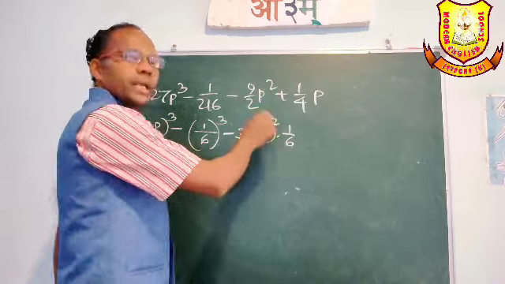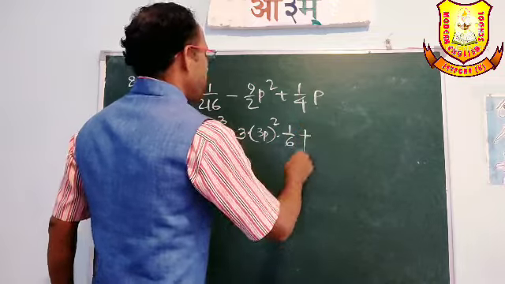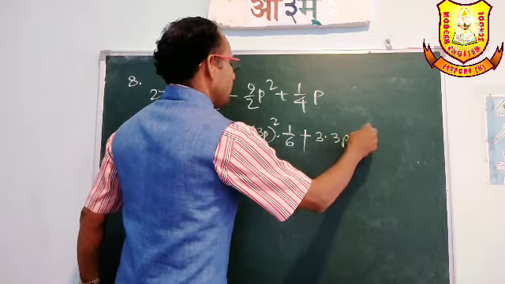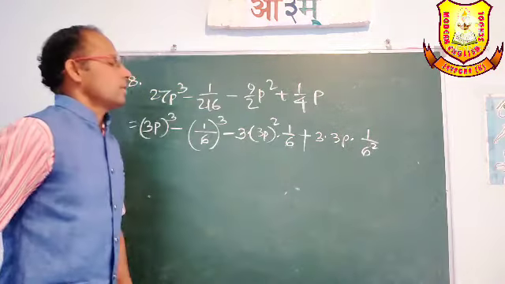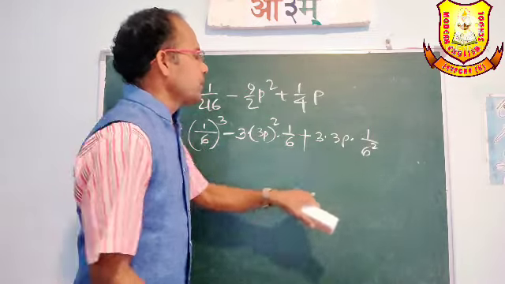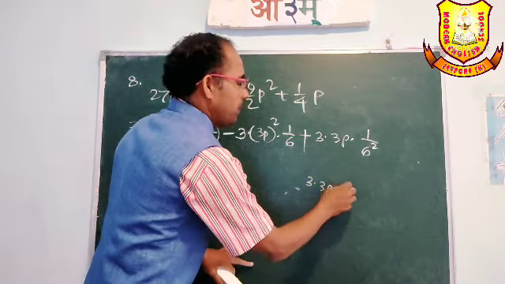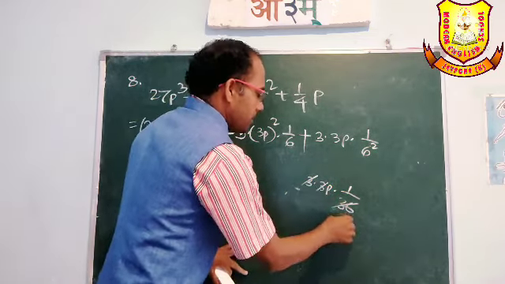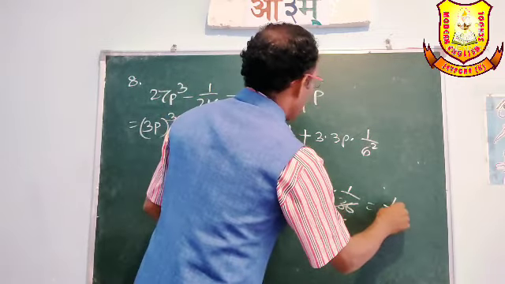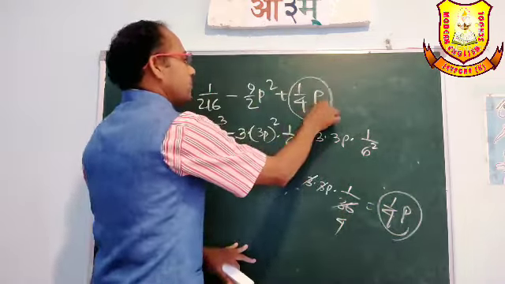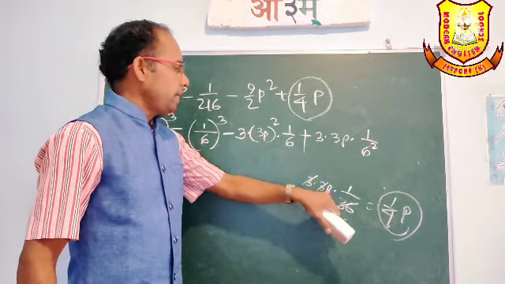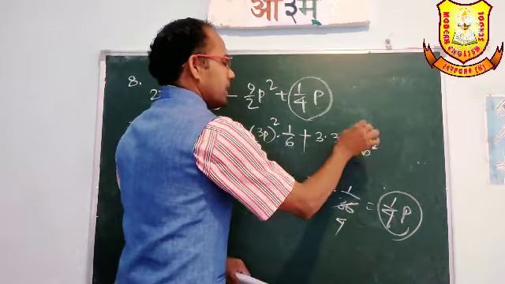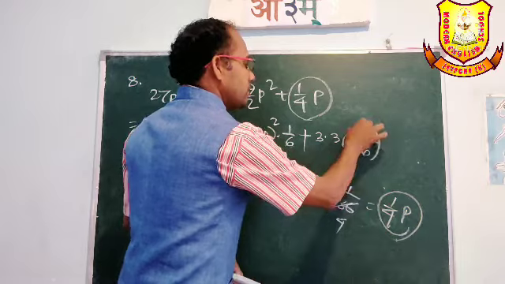So 3a square b happened. Plus 3ab square, a equal to 3p, b square is (1 by 6) square. It is happening or not? See, 3 into 3p into 1 by 36, 3 3s are 9, 9 4s are 36, so that is equal to 1 by 4p. So this is 1 by 4p. 3ab square, that is (1 by 6) whole square, you can write.